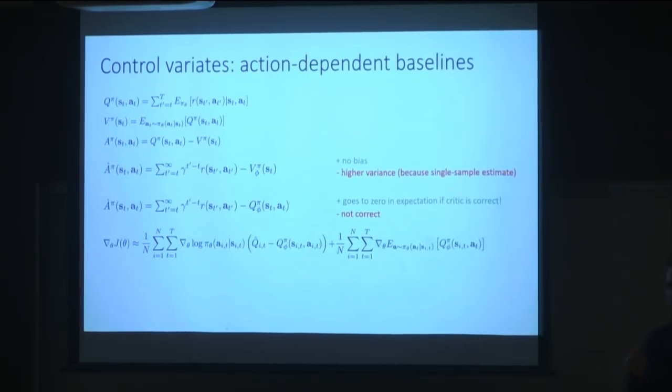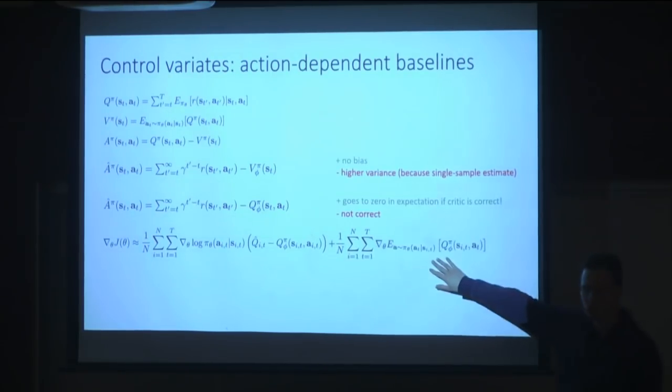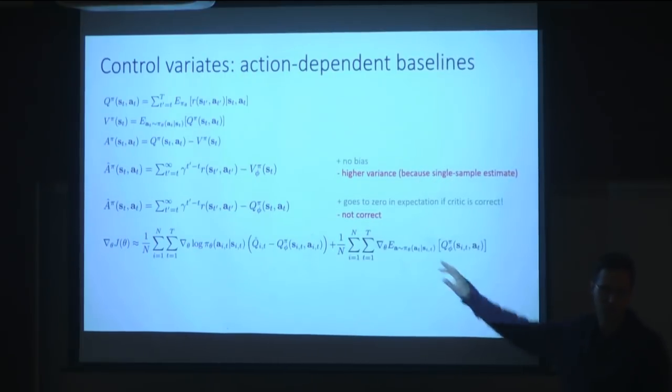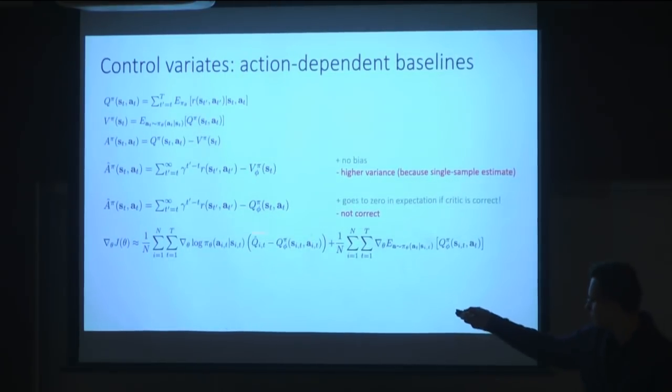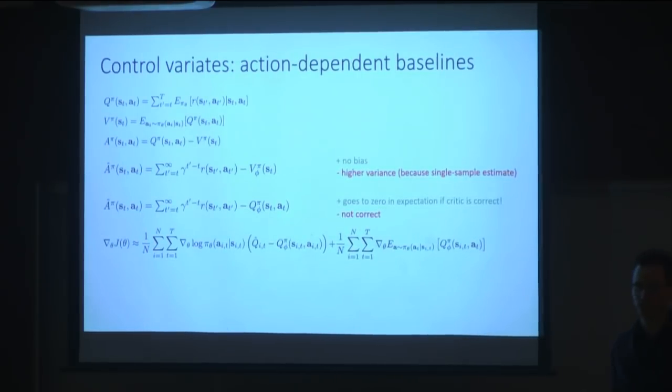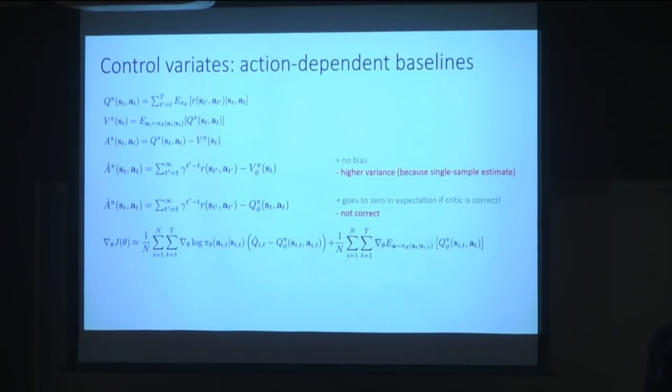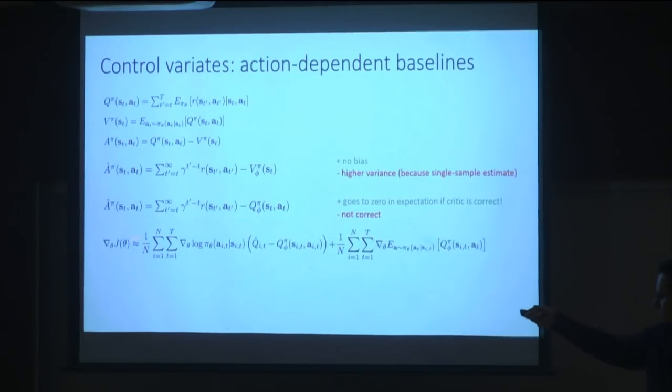For example, you can choose Q to be quadratic in the action. If Q is quadratic in the action and your policy is Gaussian, the expectation of a quadratic under a Gaussian has a closed-form solution. You don't need to sample to evaluate the whole expectation. So this part requires samples, but if you choose the form of Q carefully, this part might have a closed-form solution. Then this might actually give you a better estimator.